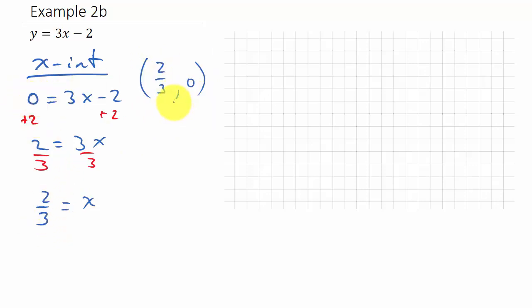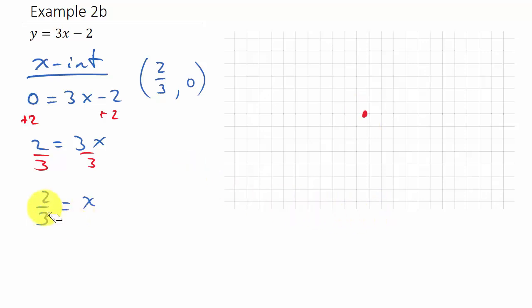And you see, the x and y intercept wasn't a very good choice on this one, but I want you to see one like this in case your teacher makes you do something like this. So if we plot 2/3, well, 2/3 is between 0 and 1. So when we plot that point, that's going to be about right in there. You just have to kind of estimate where it is.